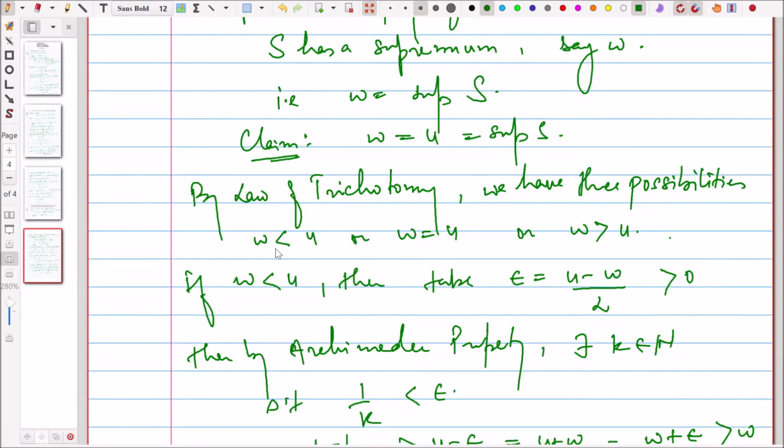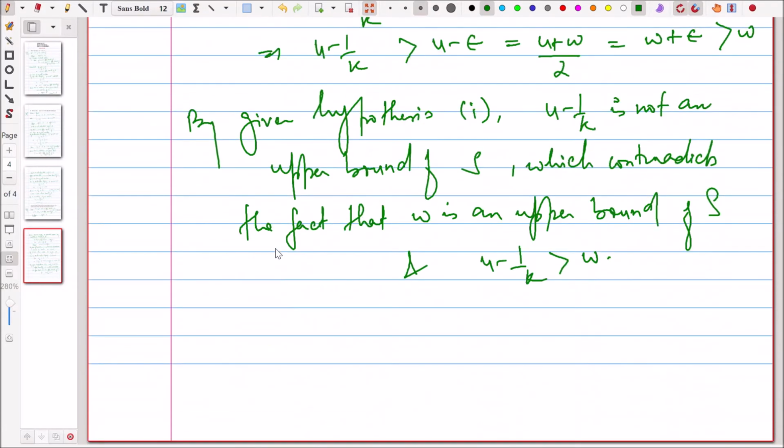So next we take the case when W is greater than U. Now if W is greater than U, then take epsilon equal to (W minus U) by 2, which is again greater than 0. Sorry, W minus U this time, because W is greater than U, so W minus U is positive.